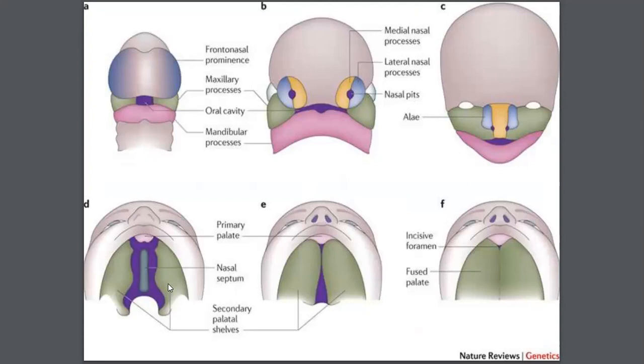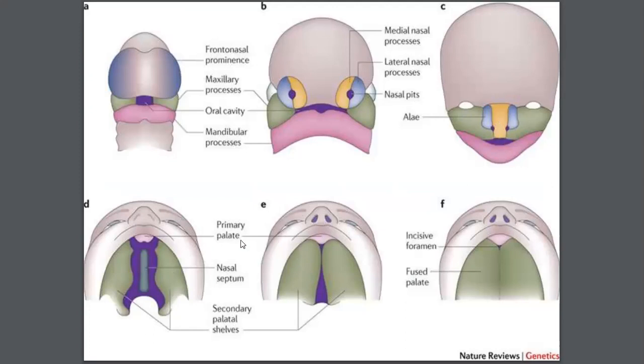So we have palatal processes which are formed from the maxillary process. The same maxillary process is given a special name. Now you call it shelf-like projections, which are actually secondary palatal shelves, or palatal processes. They are growing towards the midline and they are fusing in the midline with this frontonasal process.